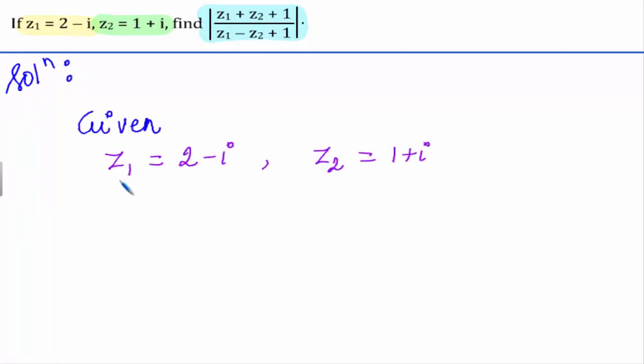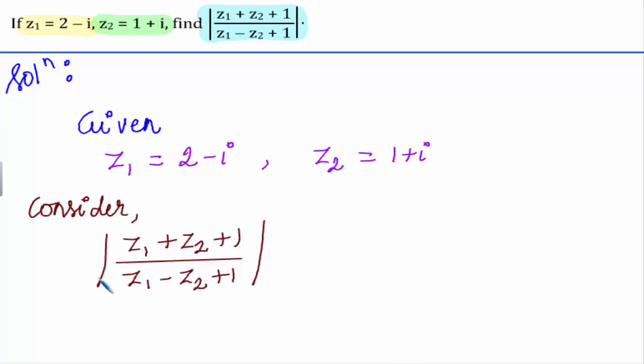We are given z1 is equal to 2 minus i and z2 is equal to 1 plus i. Let us consider the modulus of (z1 plus z2 plus 1) upon (z1 minus z2 plus 1). Let us now substitute the values of z1 and z2 in this expression.